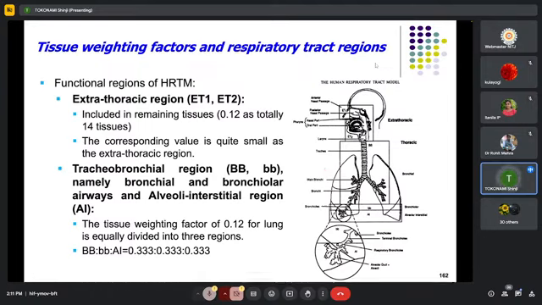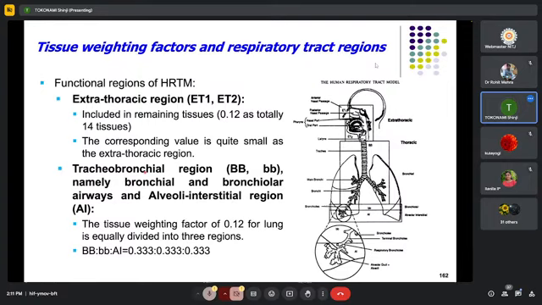Tissue weighting factors and respiratory tract regions: functional regions of the human respiratory tract model. The extrathoracic region is included in remaining tissues, 0.12 for a total of 14 tissues. The corresponding value is quite small for the extrathoracic region.